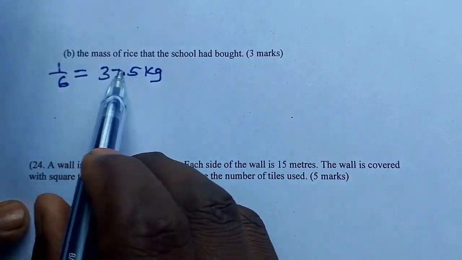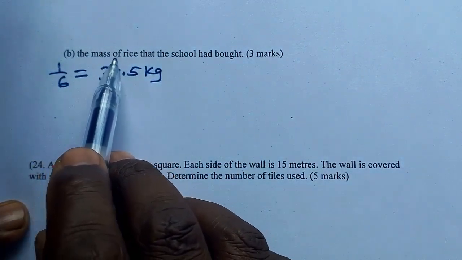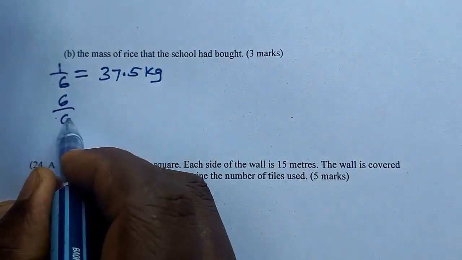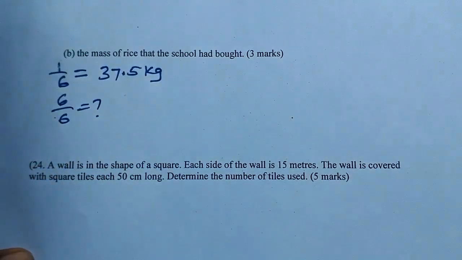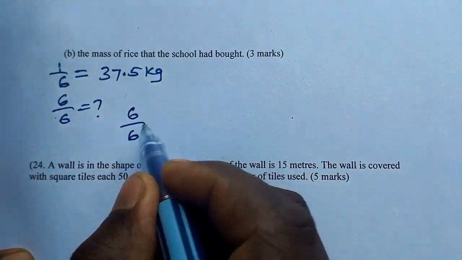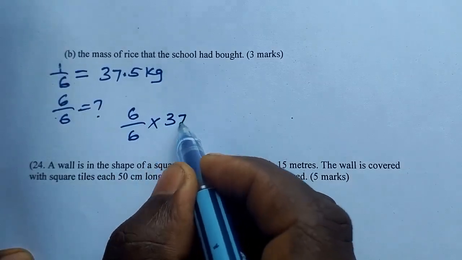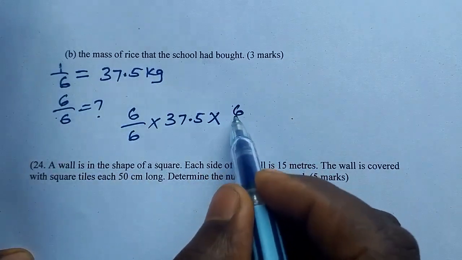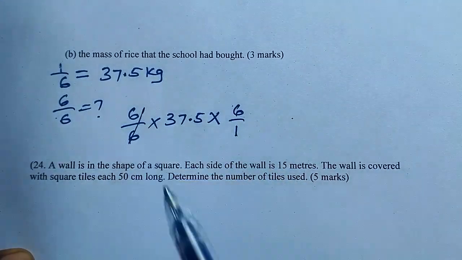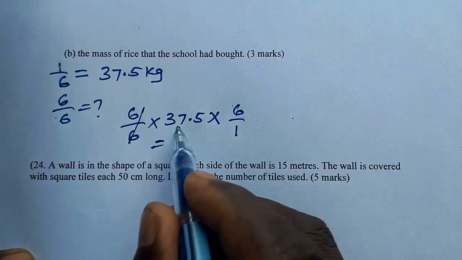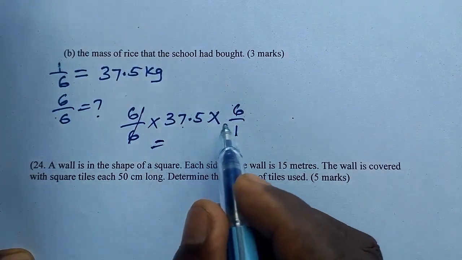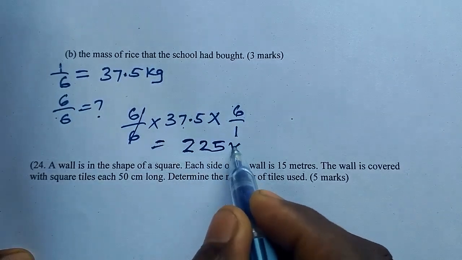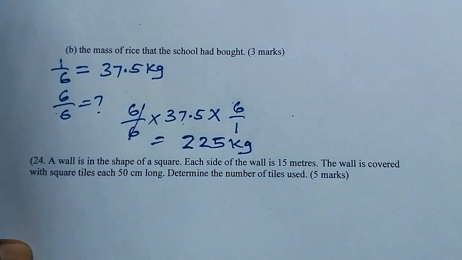So what was the total mass of the rice that the school had bought? We would ask, 6 over 6 would be what? 6 over 6 times 37.5 times the reciprocal, 6 over 1. This is 1. So that is 37.5 times 6. The answer is 225 kilograms.